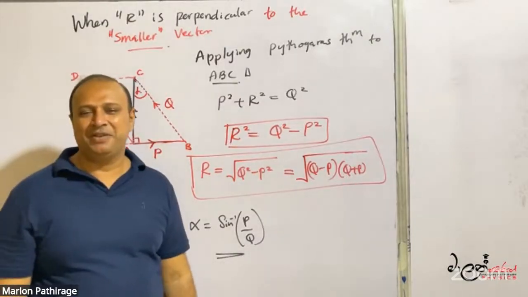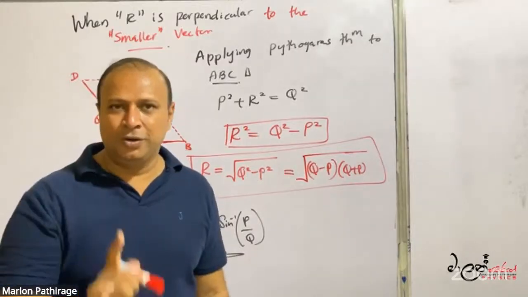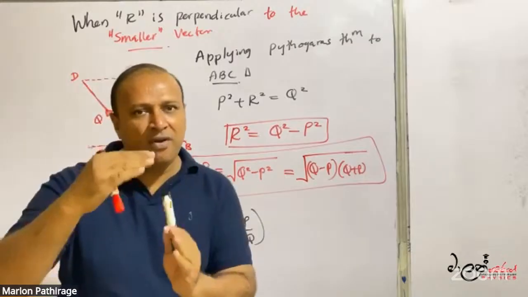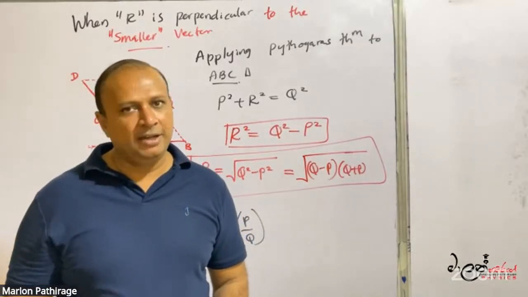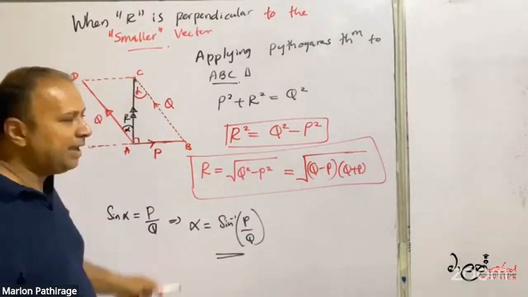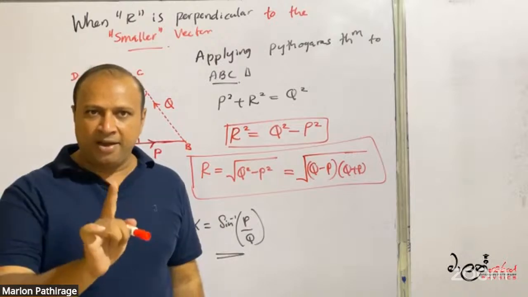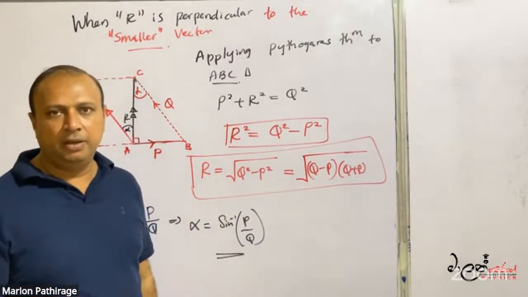If R is perpendicular to one of these two vectors, definitely this triangle should be a right angle triangle.